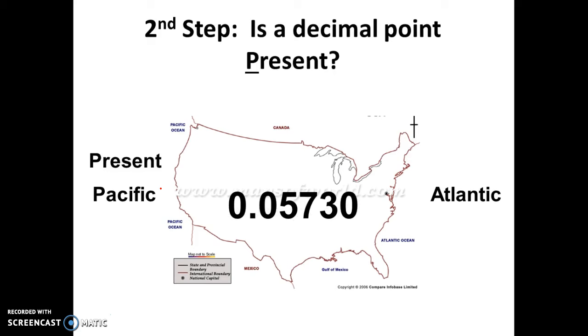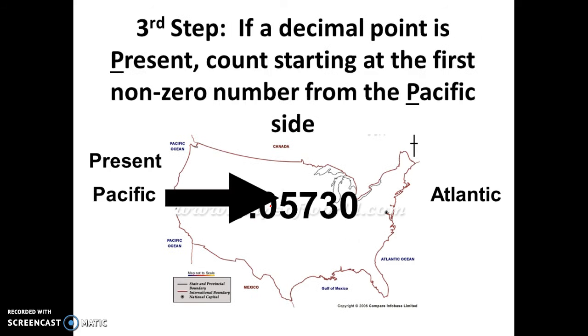So you have to ask yourself, every time you're counting sig figs, is there a decimal point present? In this case, we would answer yes, there is a decimal point present. So when that happens, what you're going to do is start counting at the first non-zero number from the Pacific side.